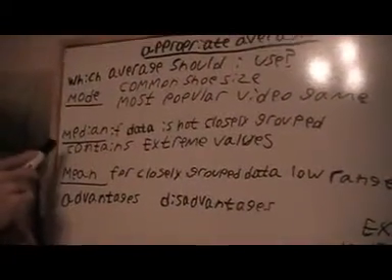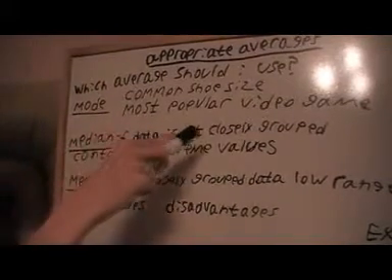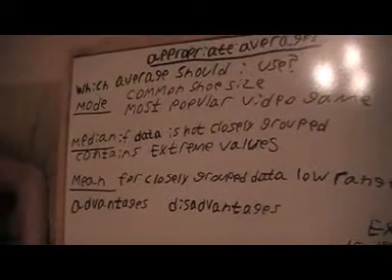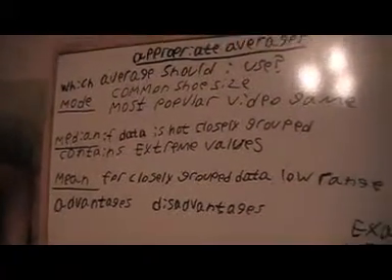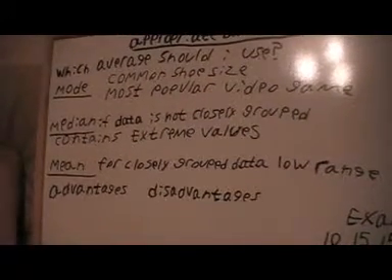So now let's talk about the median. The median is good if data is not closely grouped, in other words, if it contains extreme values, because the median isn't affected by extreme values, since it only takes the middle numbers of your data.